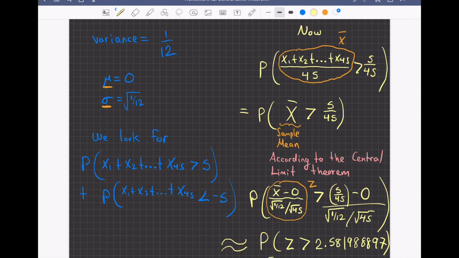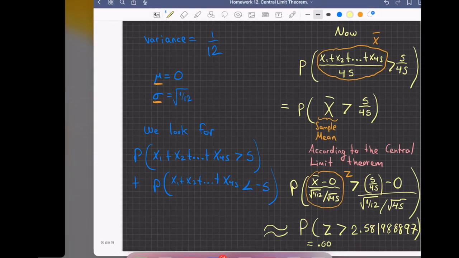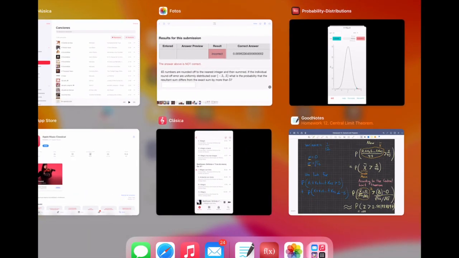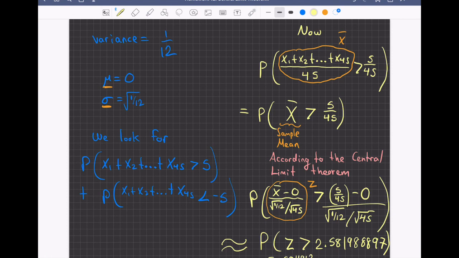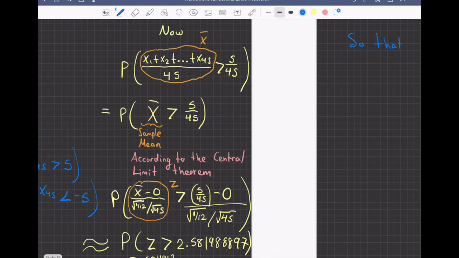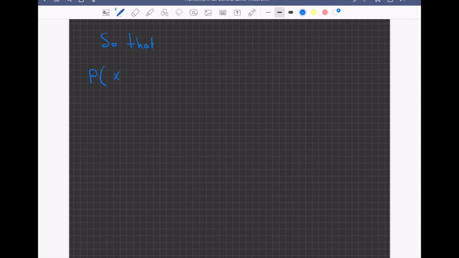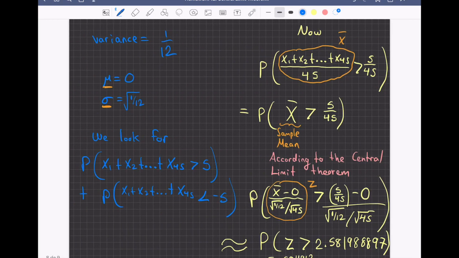So the probability that the sum differs by more than 5 is approximately 0.004912.